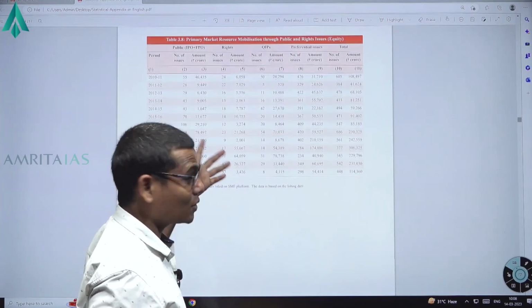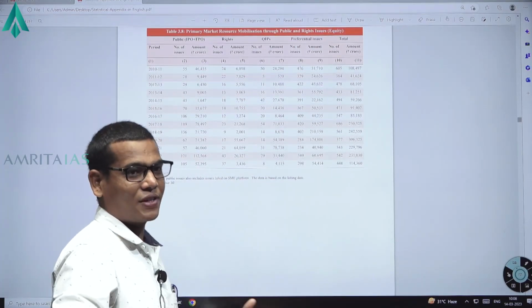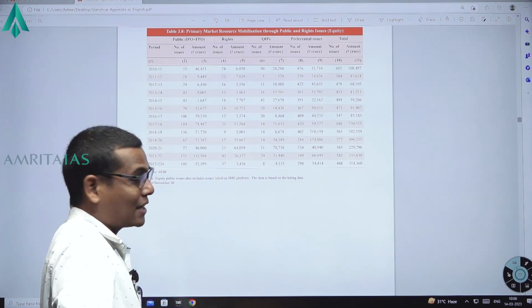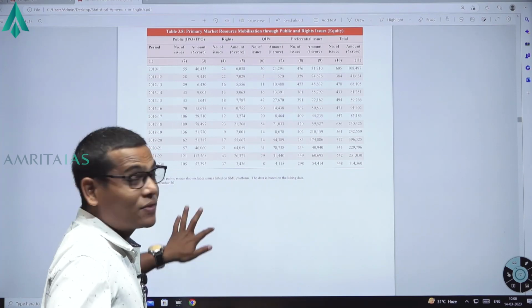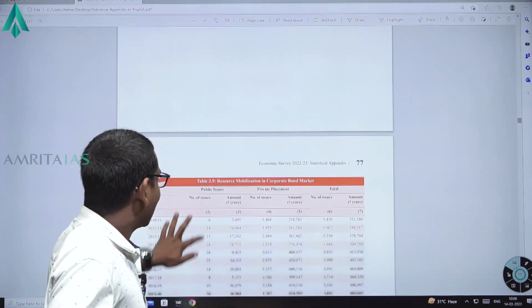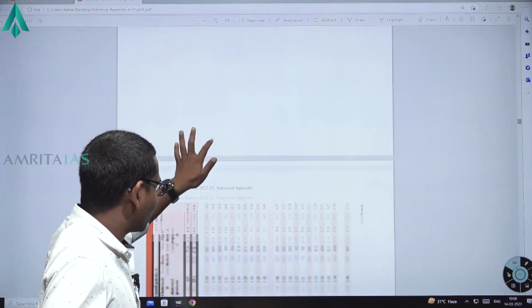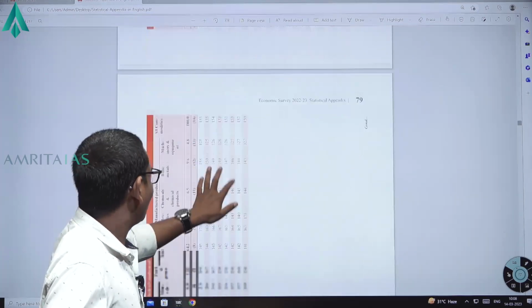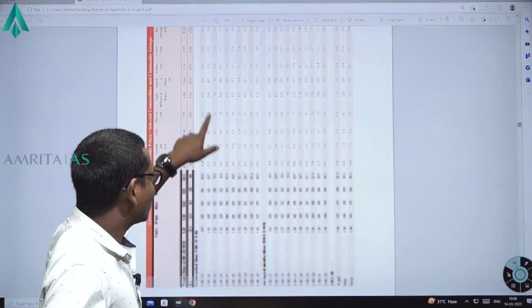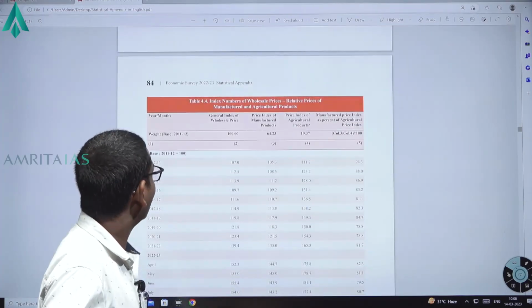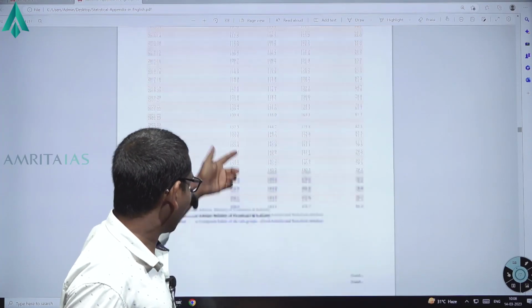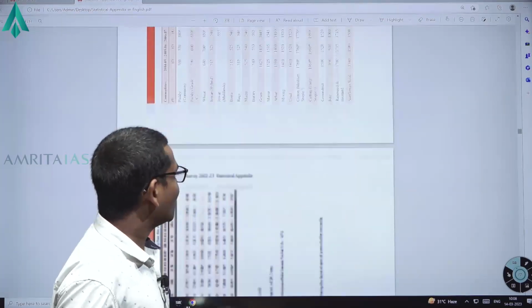Something related to the primary market, secondary market, level of investments, banking and their level of non-performing assets, level of disbursement of loans, rate of recovery, debt servicing ratio, various parameters they have mentioned in this document. This is very, very important. Again, it is related to inflation.